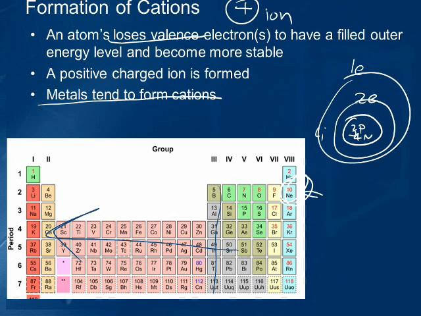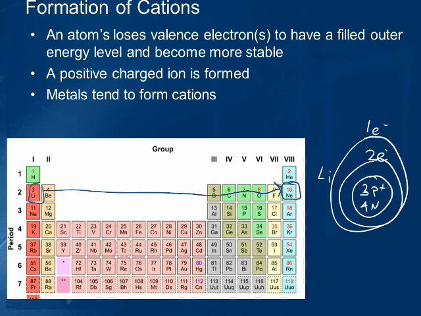To be neon here, I have to gain 7. So lithium says, I need to get 7 more electrons to be like neon? Well, no, I don't think so. I'm just going to lose this 1 electron. If I lose this 1 electron, hey, look at that. Isn't that neat? Now my outer energy level is filled at 2 electrons. It's filled. I'm happy.